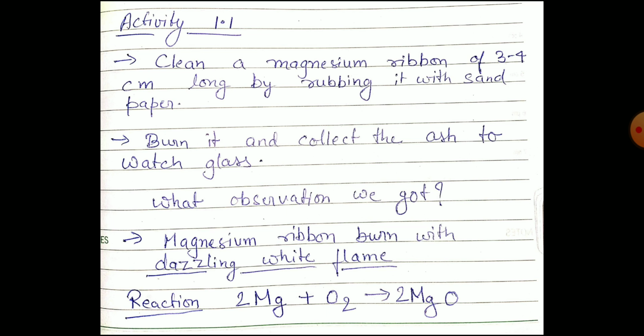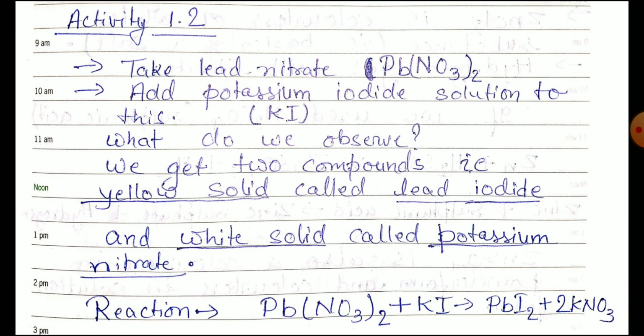Now the next activity is to take lead nitrate, Pb(NO3)2, and add potassium iodide solution, that is KI, to it. So what do we find? We find that two compounds are formed: a yellow solid called lead iodide, and a white solid called potassium nitrate. So again, I've given the color and which substance is being formed.